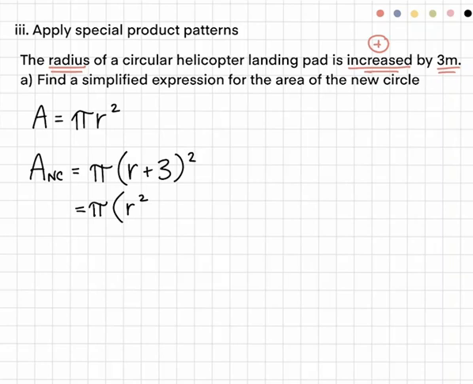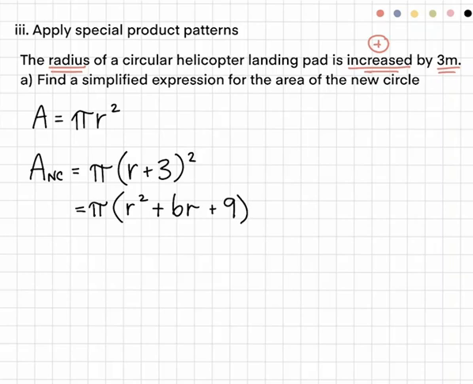I see that it's positive, so I'm going to know my middle term is positive. Then how do I find the middle term? Well, I find the middle term by multiplying the terms, so 3r, right? And then I multiply that by 2. That's going to give me 6r. And then I'm going to do my last step, which is to square my last term. So 3 squared is 9.